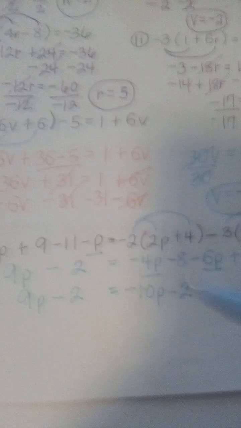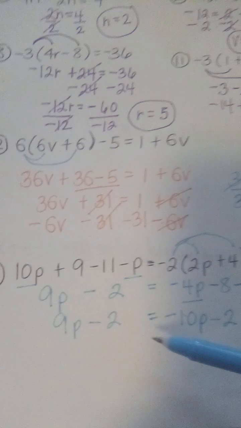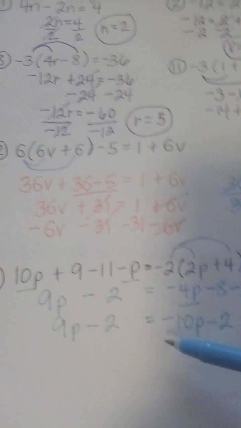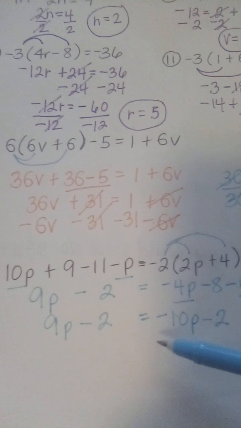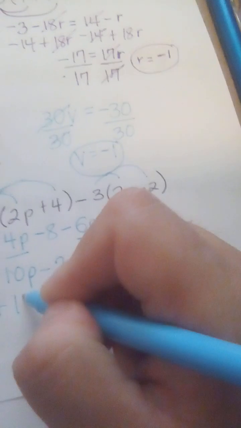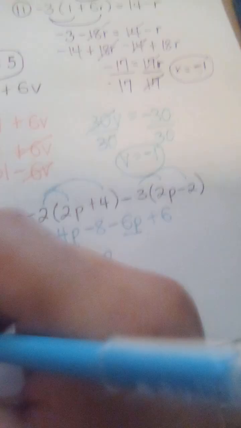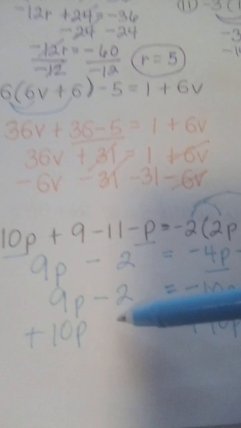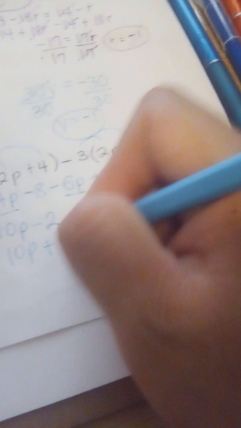Okay, let's do this. Let's do the p's. Do we add 10p or subtract 10p? We add 10p, right? Then we add 2 to both sides, right? This will cancel out.